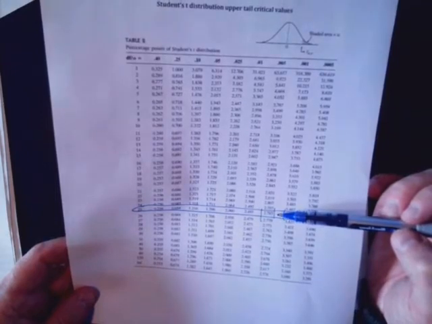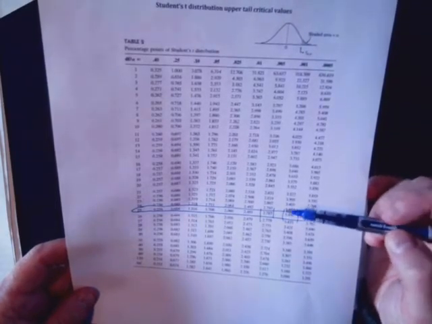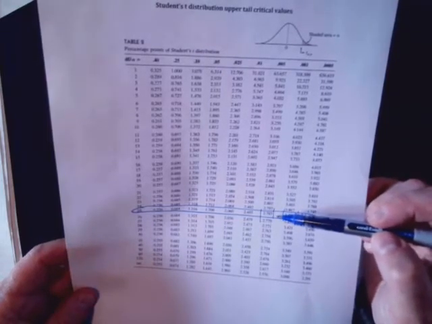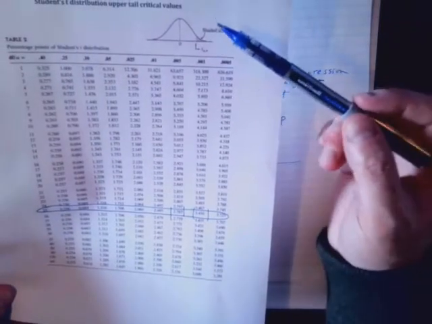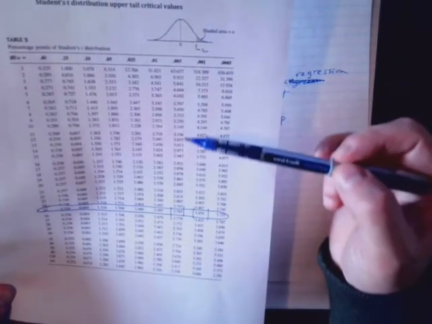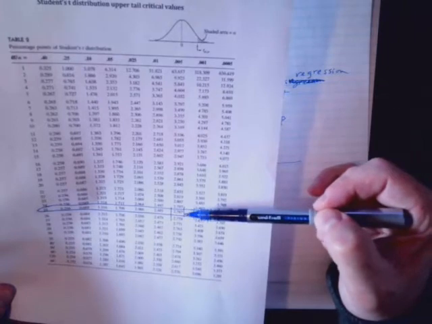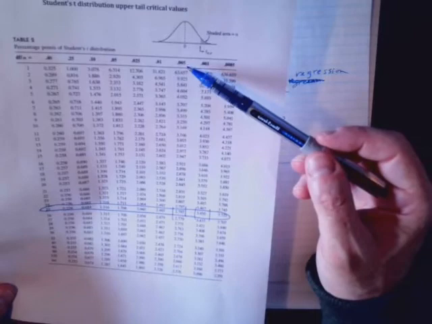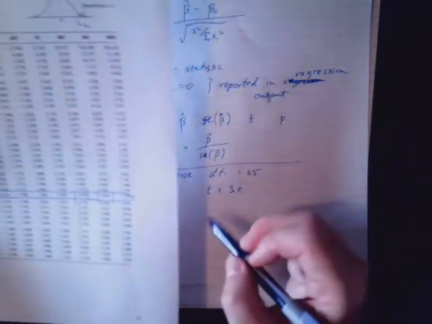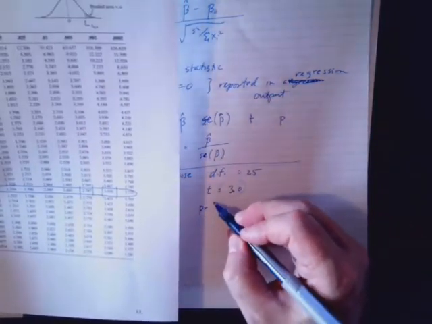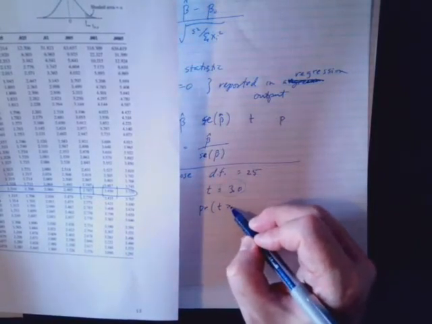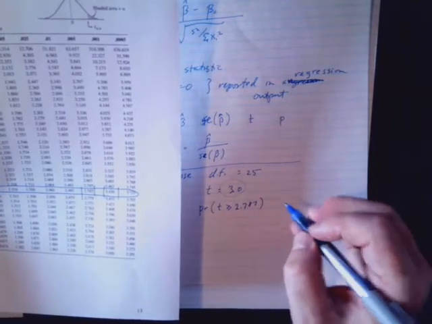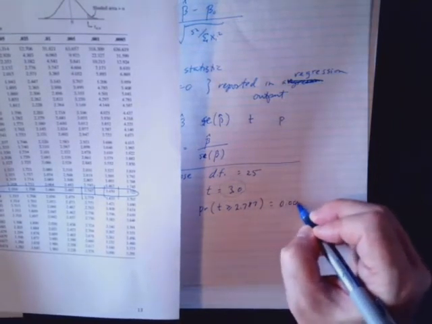So what that means is that, we're using t values here, the probability that t is greater than or equal to 2.787 is 0.005.